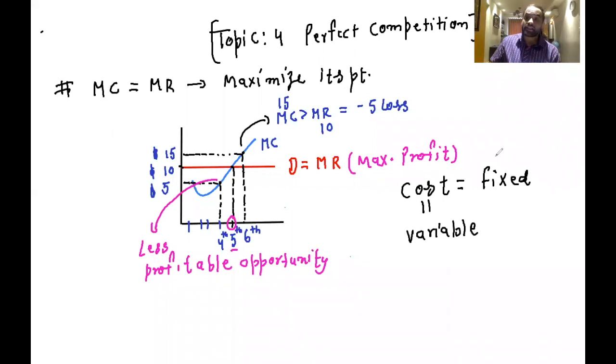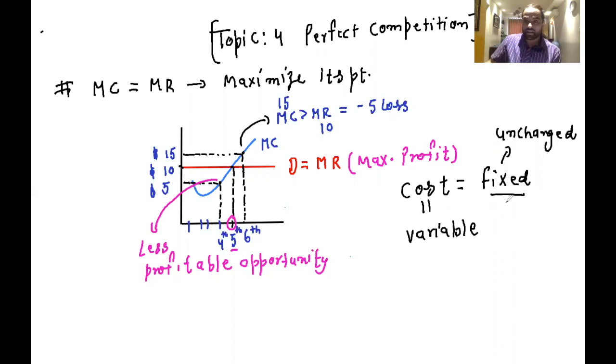Fixed cost means it doesn't matter whether you increase your production or not, whether you produce product or you do not produce product, your cost remains unchanged. Your cost is always stable. That's called the fixed cost.